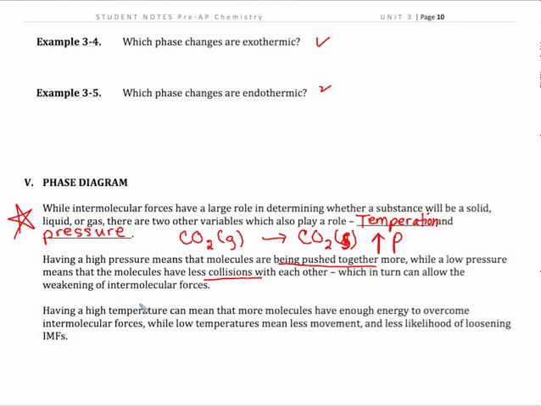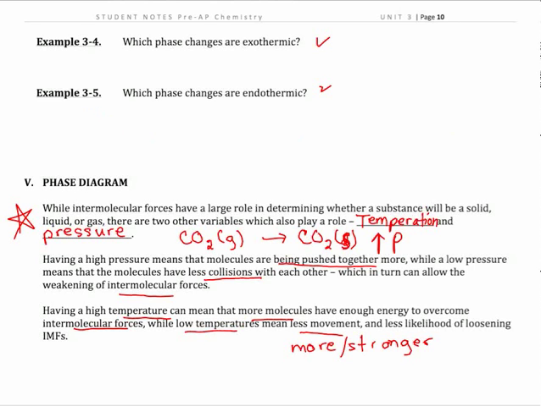There's fewer collisions, and they can allow some intermolecular forces to happen. At low pressure, there's not many. High temperatures means more movement, fewer intermolecular forces. Low temperature means less movement, more IMFs or stronger IMFs.